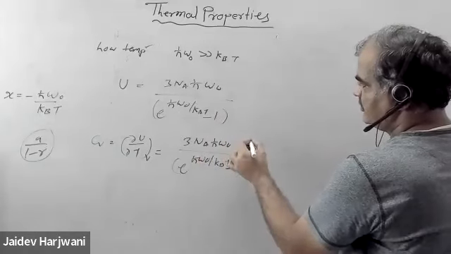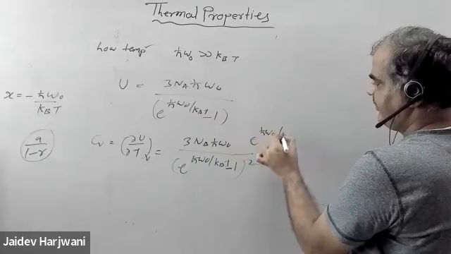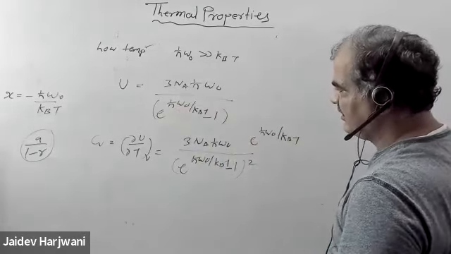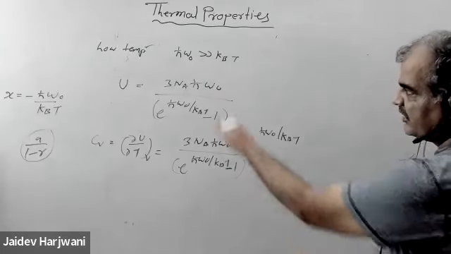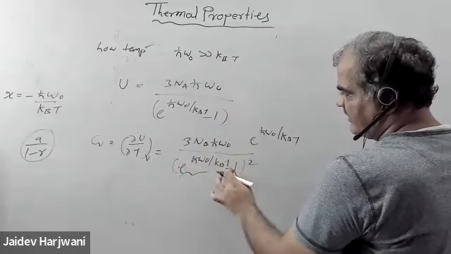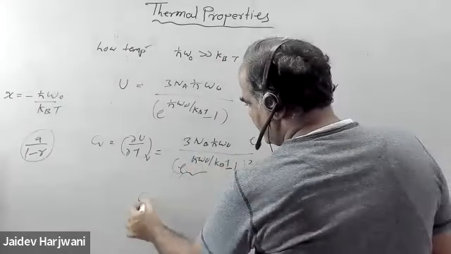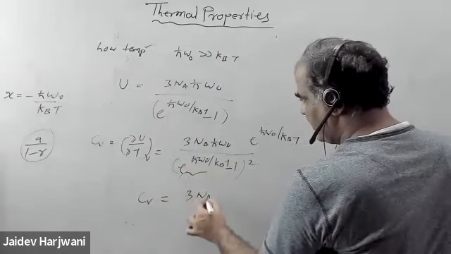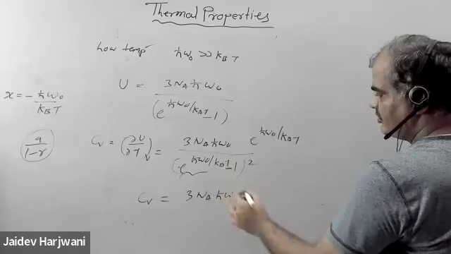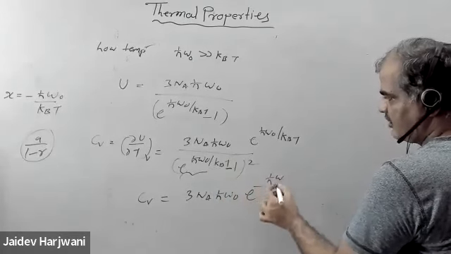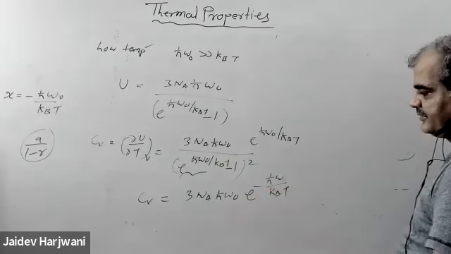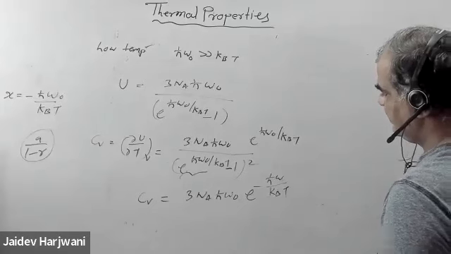Further differentiating, you get e^(ħω₀/k_BT). Now I just put the limit here. This term is greater than 1, so we can neglect the 1. If I neglect 1, my C will come to 3N_A ħω₀ and, with the power of 2, e^(−ħω₀/k_BT).